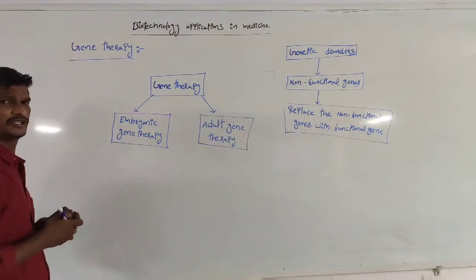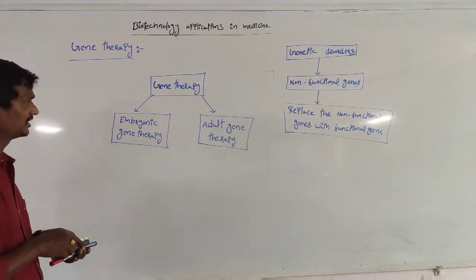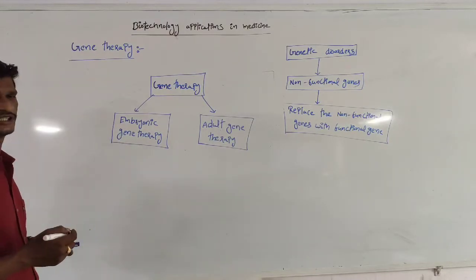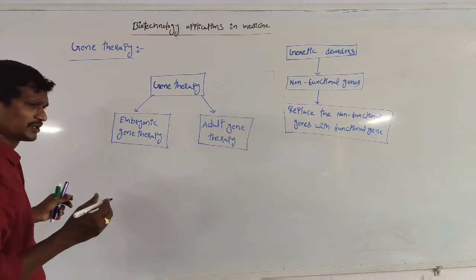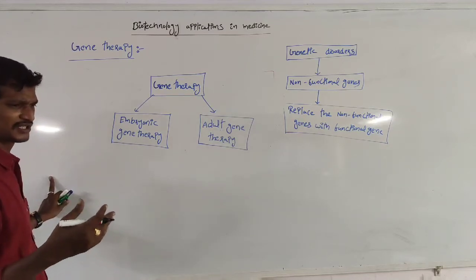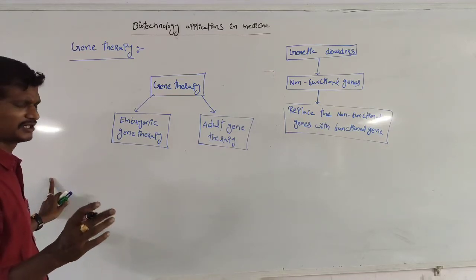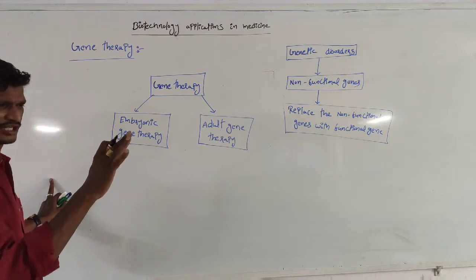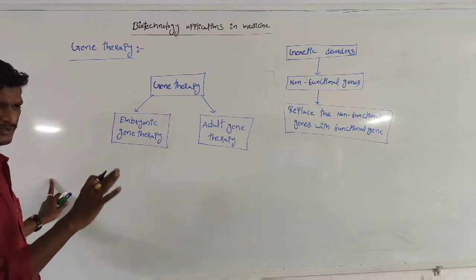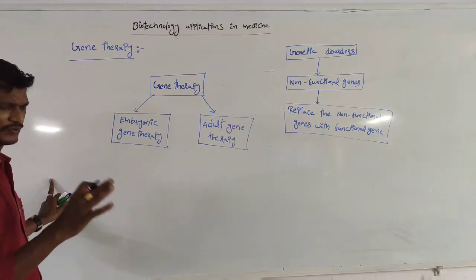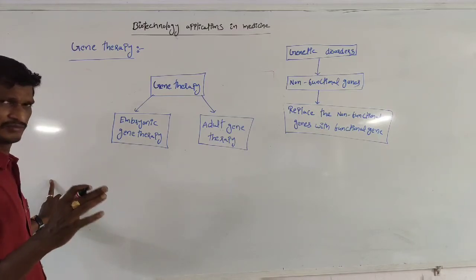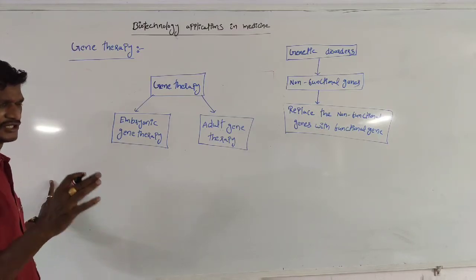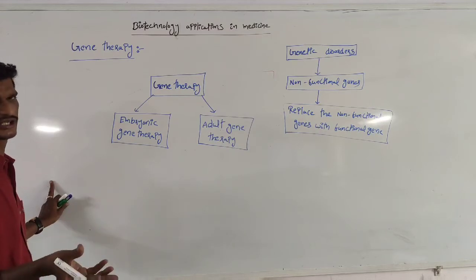With gene therapy, two types are there. One is embryonic gene therapy. We know some parents have color blindness and other disorders. Initially we do genome analysis of the parents and find out some of the disorders. There is a chance the diseases are expressed in the next generation.